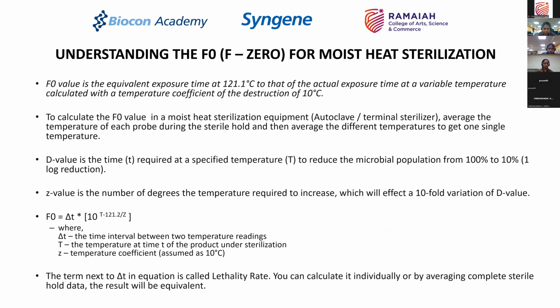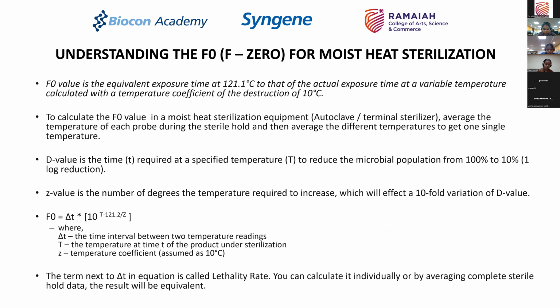F0 is calculated by using the formula delta T multiplied by 10 to the power of (T minus 121.1) divided by Z, where delta T is the time interval between the two temperature readings. The T is the actual temperature at which the product is under sterilization. So 121 is the ideal condition of saturated steam at 1.2 bar.